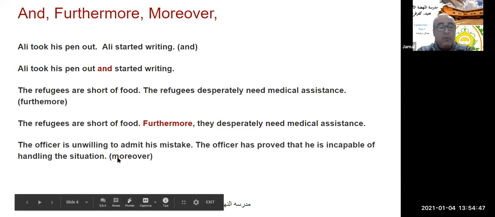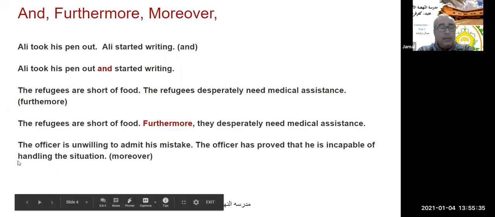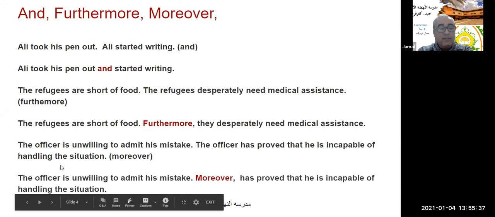So let's make them one sentence using moreover. What do you think? Exactly. The officer is unwilling to admit his mistake. Moreover, he has proved that he is incapable of handling the situation. All right.